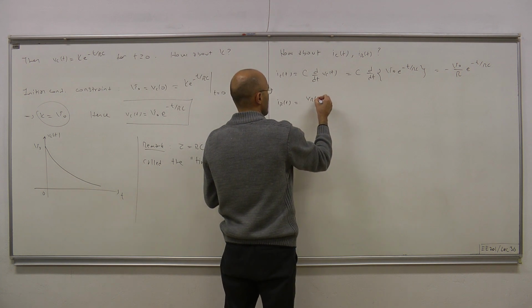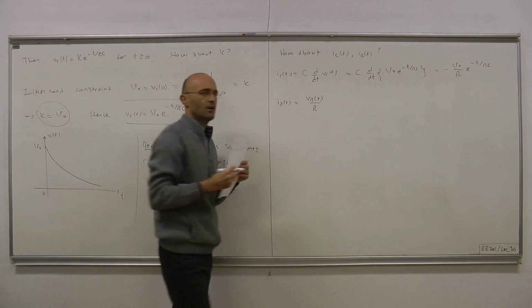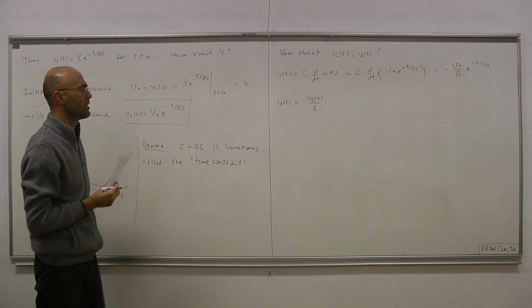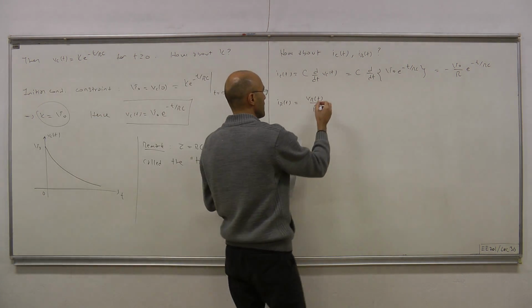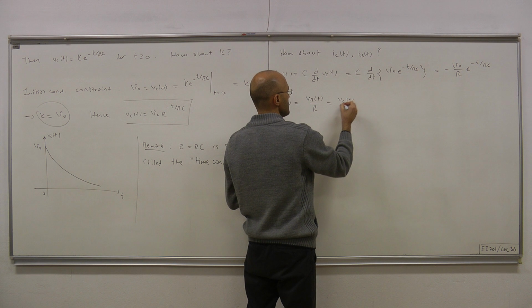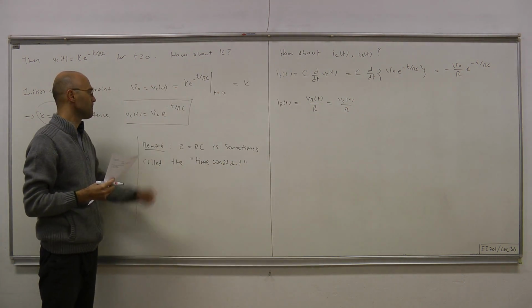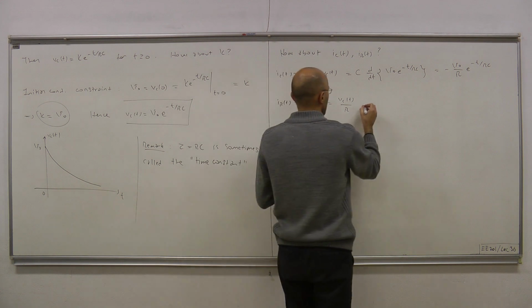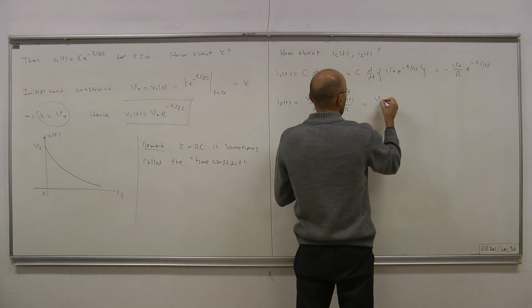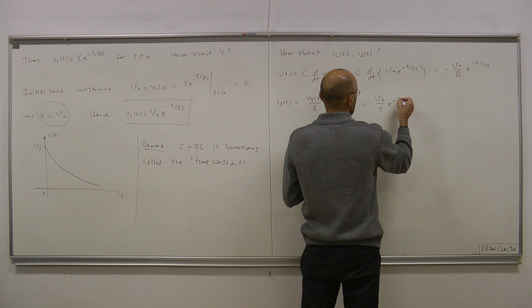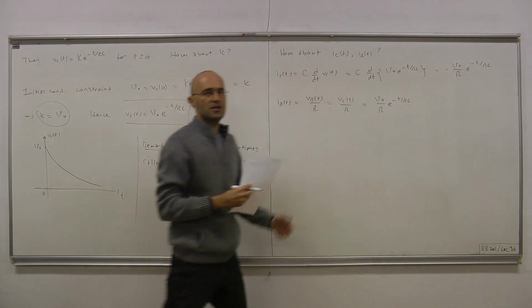Let's start with the terminal equation of the resistor, VRT over R. And what's VRT by KVL? It's VCT over R. VCT is, okay, here. Therefore, that equals V0 over R e to the minus t over RC.